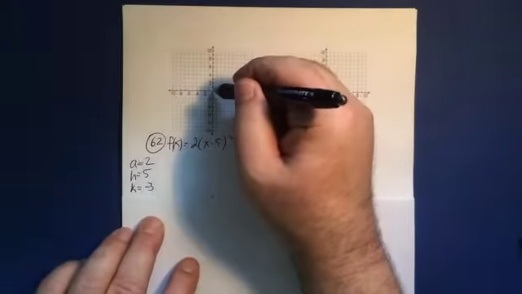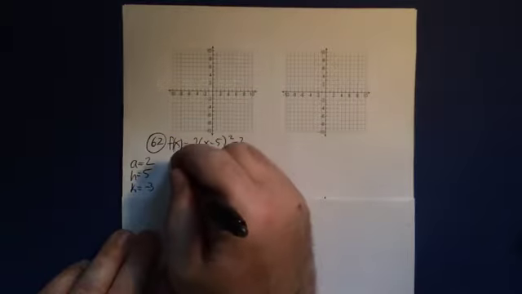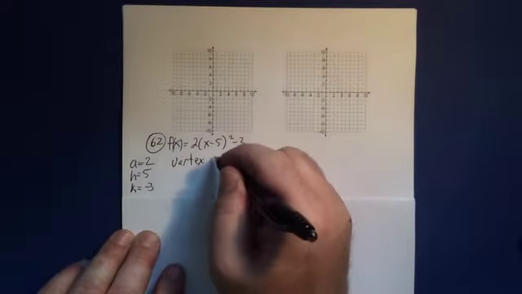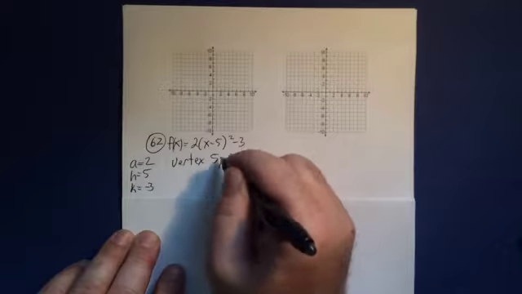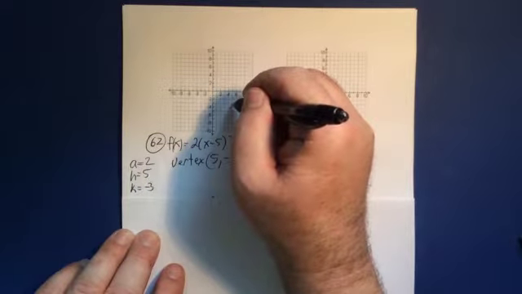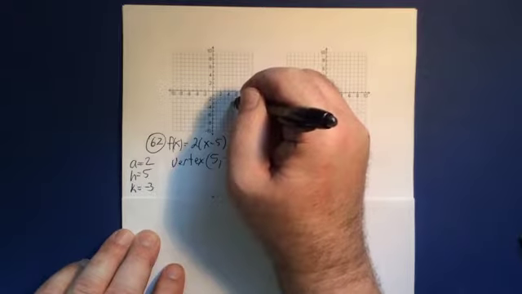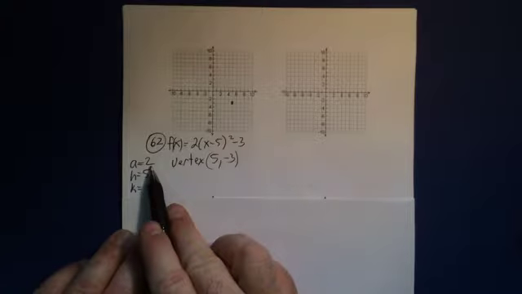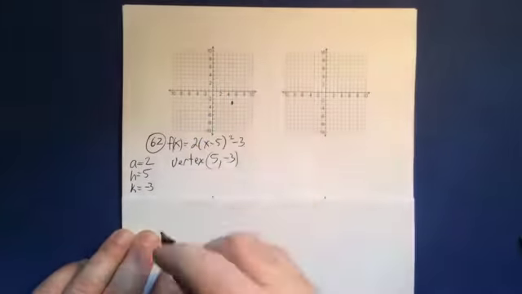So we're going to have a vertex then, let's establish that here, of 5, negative 3. So 5, negative 3 is going to be right here. So we know that a is equal to positive 2. So we anticipate this is going to be a smiley face, so this is going to be a minimum.